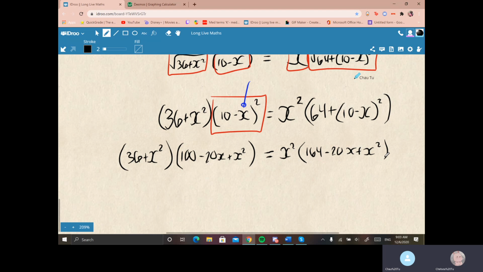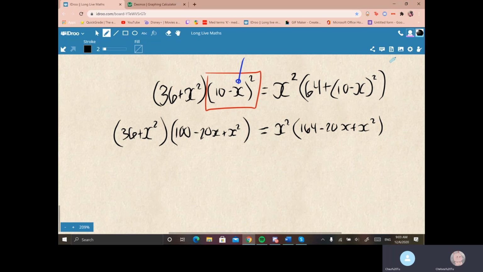What's going on? Okay, multiply it out. I'll let you. Let me double check. Minus 20x plus x squared. Yep. And now Chelsea, multiply this out, multiply this, and then this thing here.